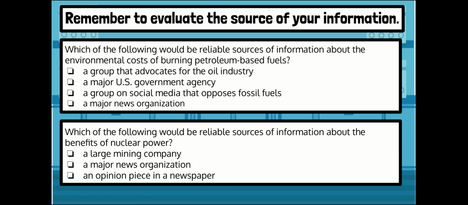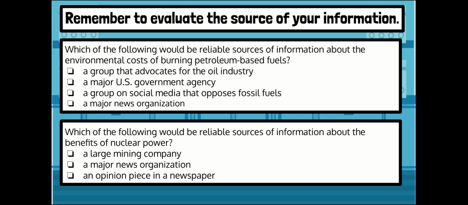After that, you're going to take a look at a few further questions that are asking you, which of the following do you think would be a reliable source of information for environmental costs of burning petroleum-based fuels and the benefits of nuclear power?